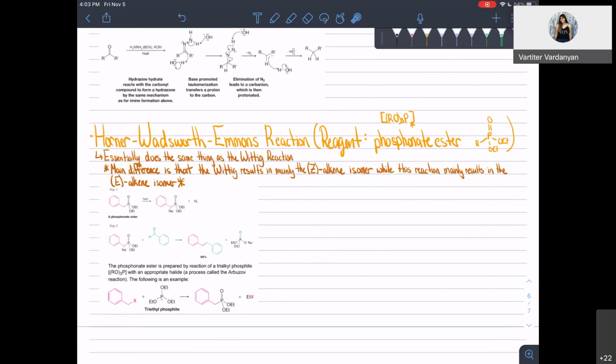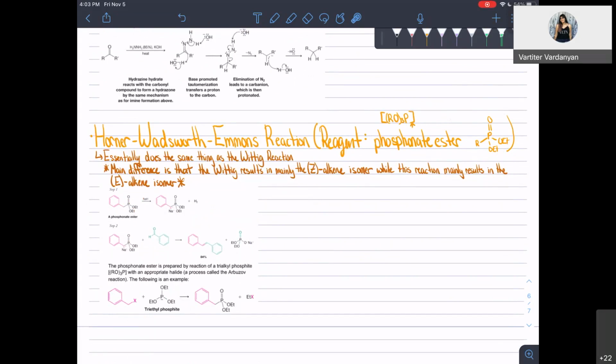The Horner-Wadsworth-Emmons reaction. I feel bad for whoever's scientist's name that was. And I also feel bad for the students that had to learn that stupid name. So the reagent for this is the phosphonate ester, which looks like this. This reaction does the same exact thing as the Wittig reaction, okay?